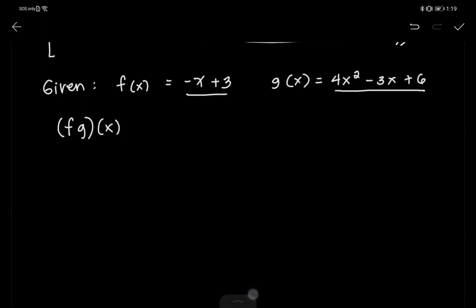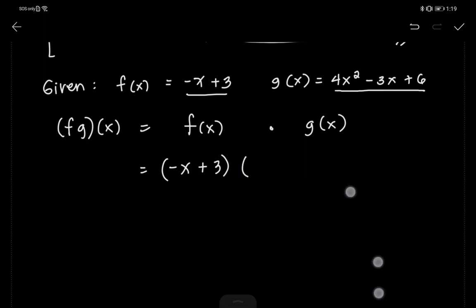It means that we're going to multiply f of x to g of x. So what we are going to do is substitute the value of our f of x, which is negative x plus 3, and multiply it to our g of x, which is 4x squared minus 3x plus 6.